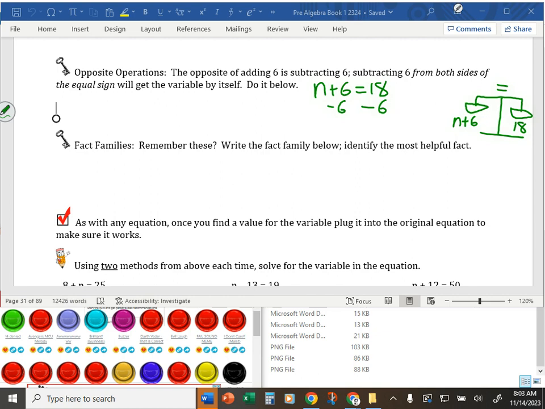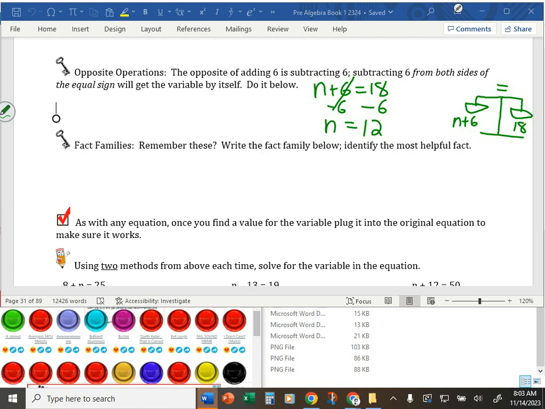If our goal is to find out what n equals, get n by itself, if we have n and we're adding 6 to whatever that value is, by subtracting 6, that cancels out, it equals 0, and we're left with just n by itself. If we take this 6 away from the left side of this balance, and we take 6 away from the right side, that allows us to determine that n equals 12.